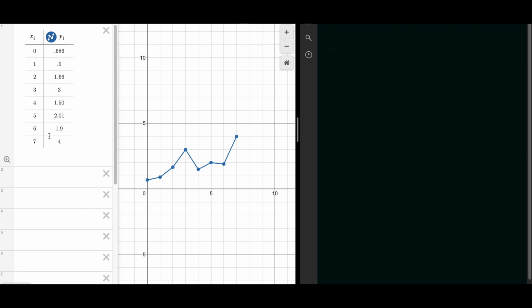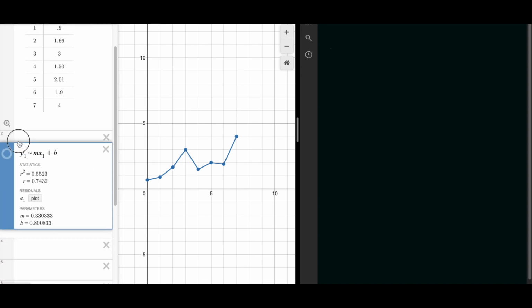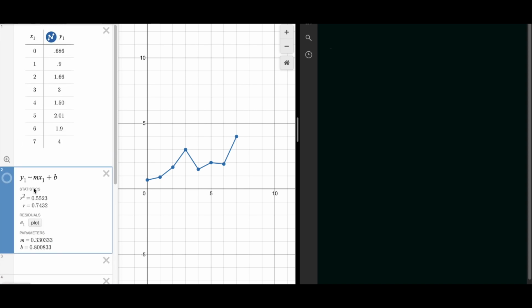We can easily calculate that by just putting an equation up. So let me drag this. This is the equation. This is the notation for line of best fit, and let's graph it. So we have this black line, and that's the line of best fit. Let's write the slope of the line on the left side.